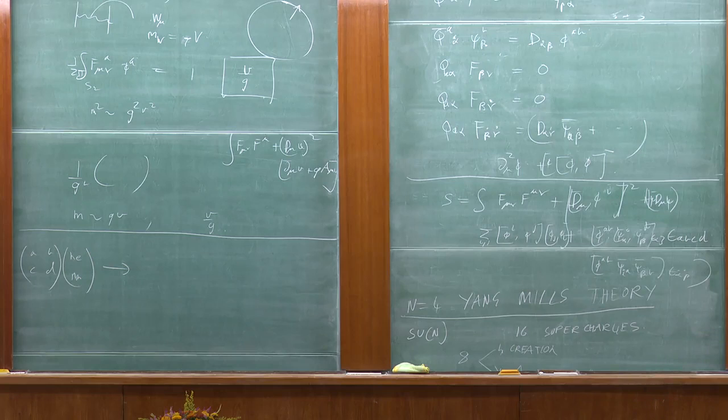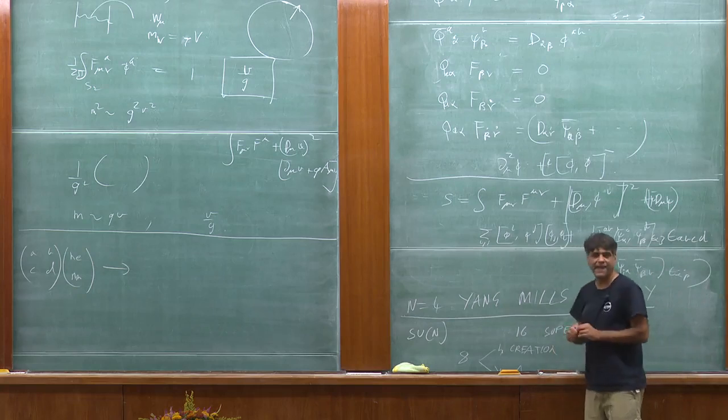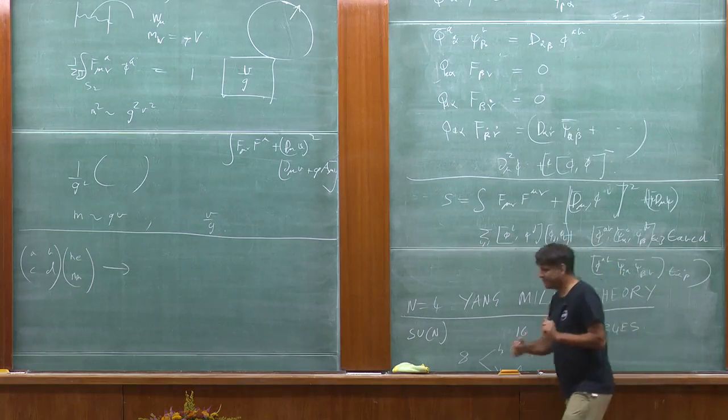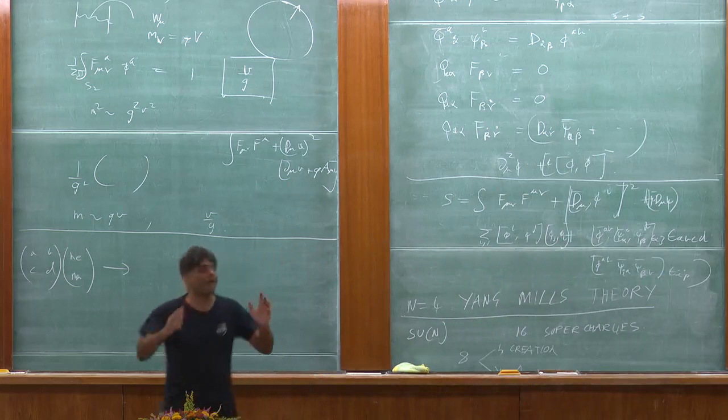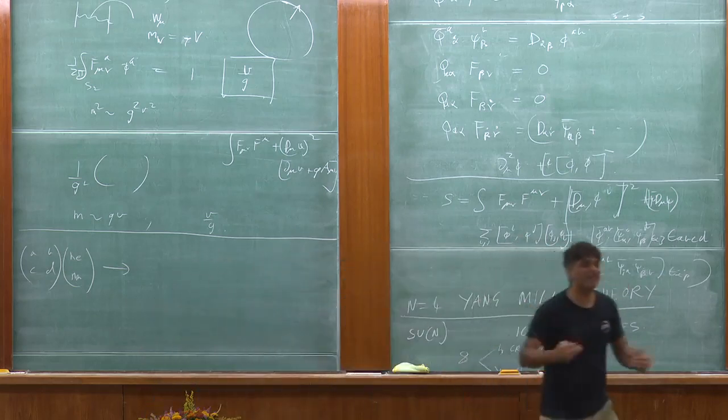Type IIB theory can be thought of as M theory in some sense on a torus. Should I tell you about it? Okay, I will explain this from M theory next time.